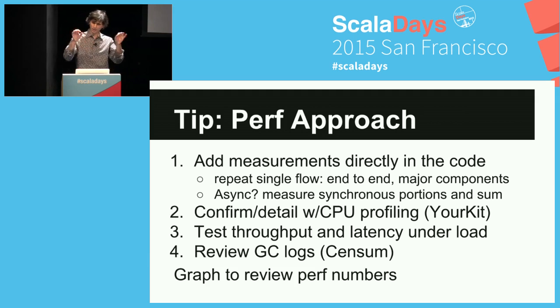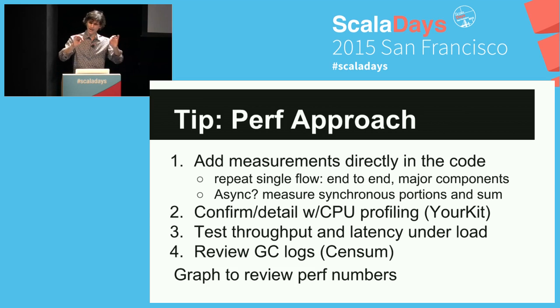I'm going to measure the end-to-end time and the time of the major components in my code. And if my code is executing in some asynchronous framework that has mysterious thread scheduling going on, I'm going to put timing blocks in the synchronous portions, the parts that I'm really going to understand, so that I can isolate what the framework is doing as a component of the overall time.